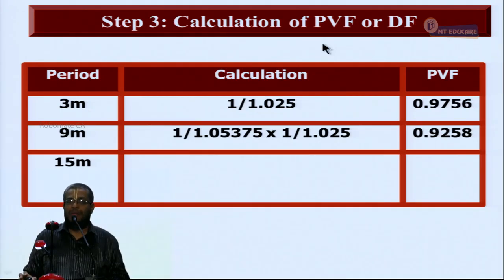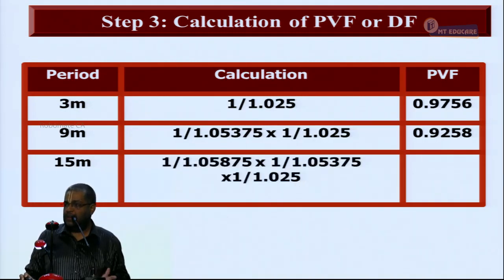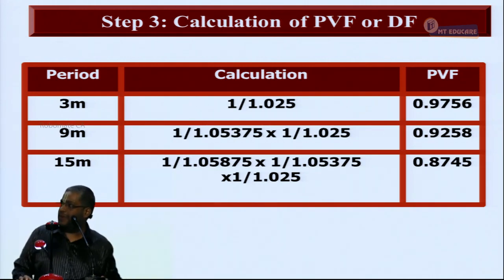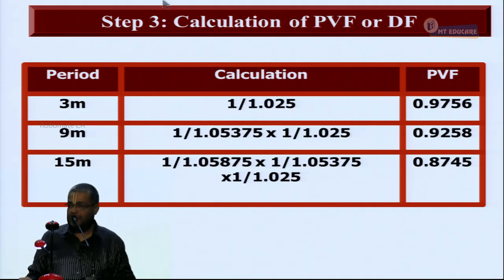Now the calculation: 1 divided by 1.05875 into 1 by 1.05375 into 1 by 1.025. That gives me 0.8745. Okay, 0.8745. Don't fight over this.